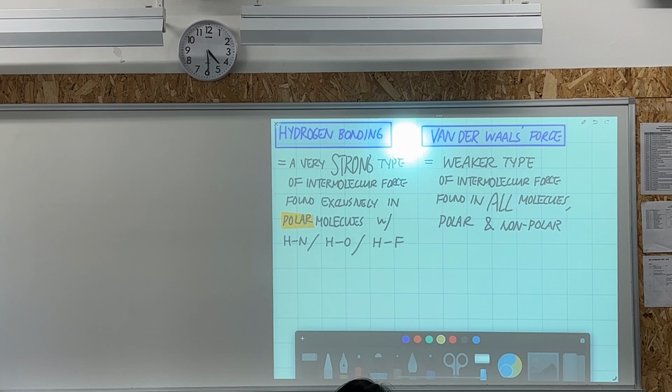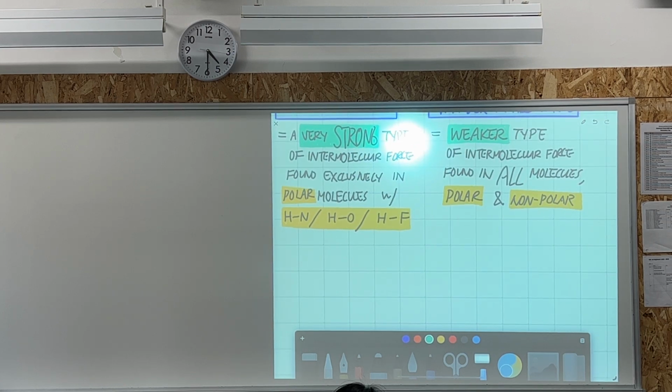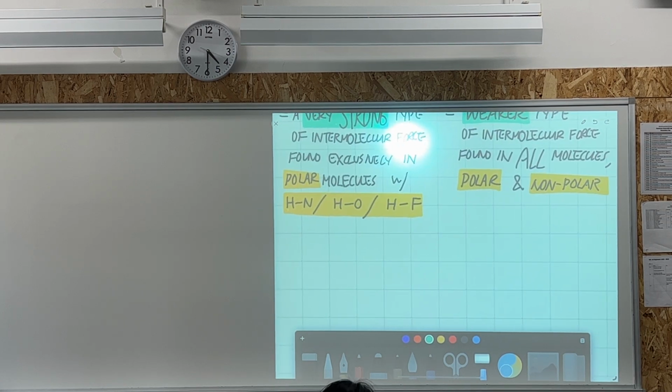To check that you really understand, let me highlight this. Hydrogen bond is in polar molecules with HN, HO, HF bonds. On the right, polar and non-polar molecules can have van der Waals force. The other difference is that hydrogen bond is extremely strong while van der Waals forces are weaker. The one on the left is exclusively found in certain molecules. For example, let me give you 3 molecules.